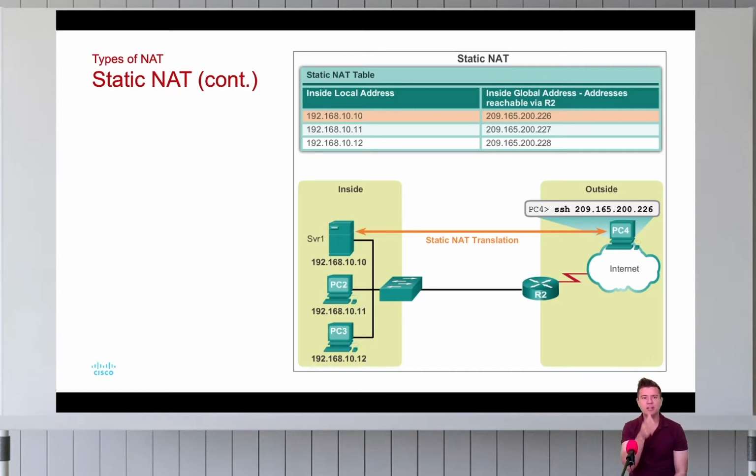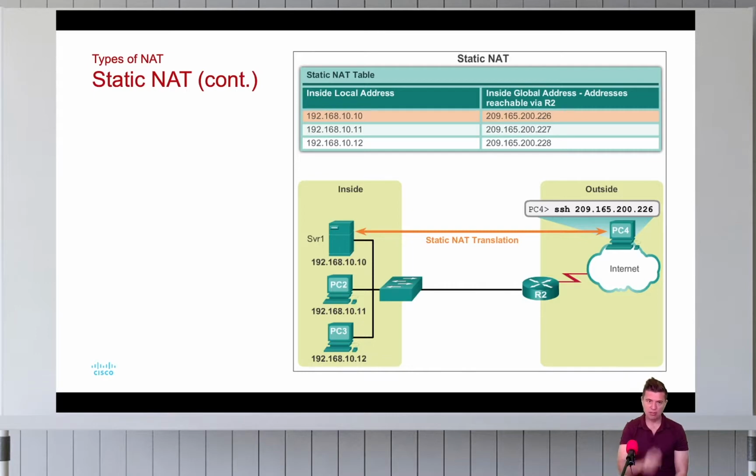In this case, with static NAT, if you look at the inside local address column and the inside global address column, you'll see it's basically one-to-one mappings. It's set up statically, so the 10.10 inside address always lines up with the 200.226 global address.